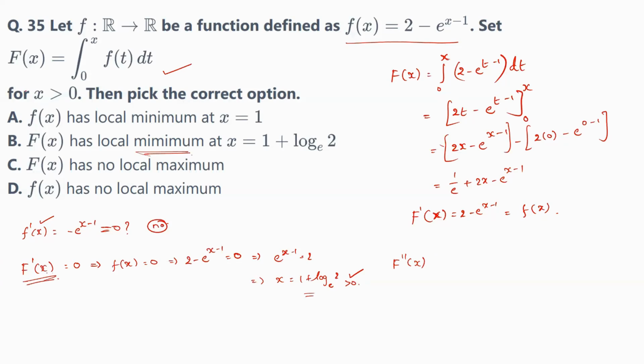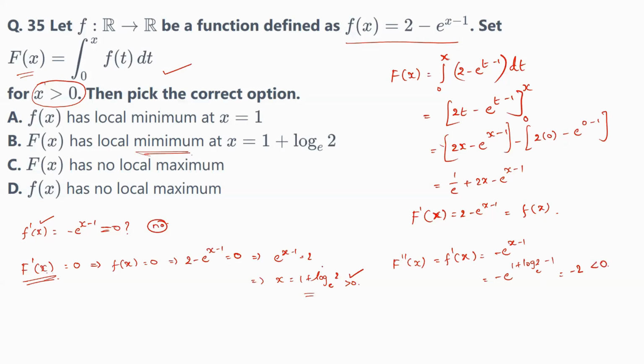We are given x is greater than 0 for f of x to be defined. F double dash x is f dash of x, that is minus e power x minus 1, which turns out to be minus 2, which is less than 0.